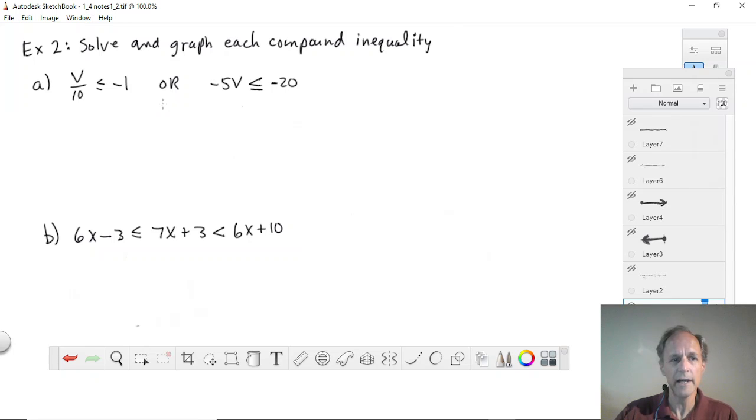We're going to find all the values and then we're going to graph them. So you just work with each of these individually. First one, multiply both sides by 10 to get the v by itself, right? And that gives us v less than or equal to -1.